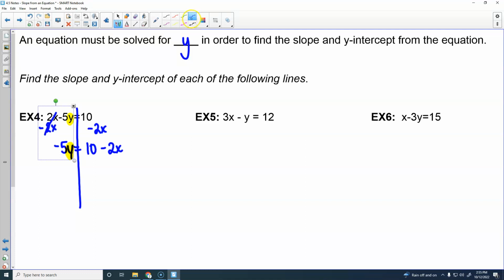Now here's the trick you must make sure that you do. If I divide by negative 5 over here, I have to divide everything on the right side by negative 5, which means I'm going to divide 10 by negative 5, and I'm also going to divide 2 by negative 5. So that will cancel.